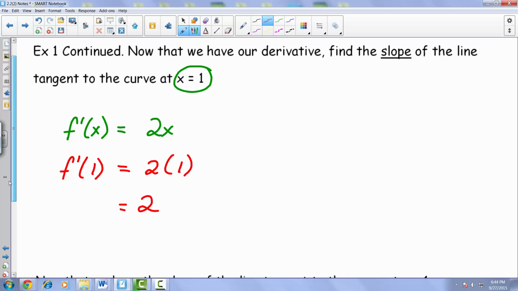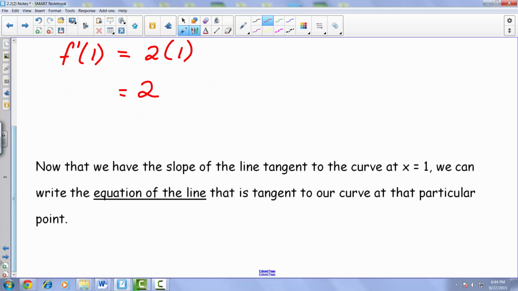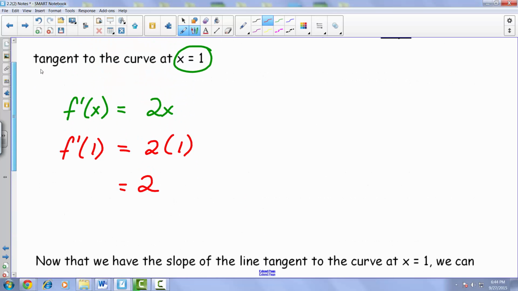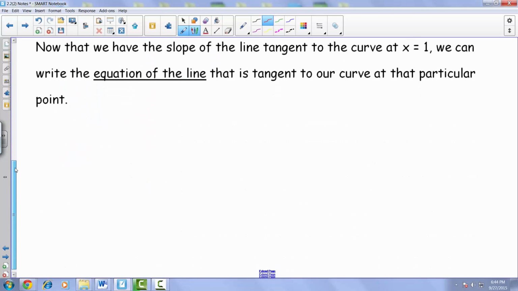Now, again, that's just the slope of the line. But from that information, we can go ahead and construct the actual equation of the line. Well, right now, all we have is our target x value. And from that, we can throw that into the original function to determine the corresponding y value.